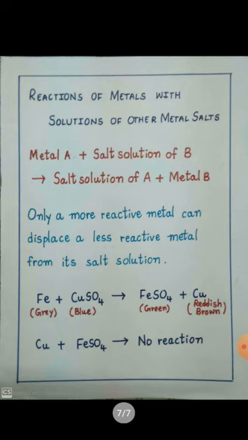Now, the general equation for a metal reacting with a salt solution of another metal can be written as metal A plus salt solution of metal B. But here you should remember, for the reaction to take place, the metal A should be more reactive than metal B. If metal A is less reactive, then the chemical reaction will not take place.